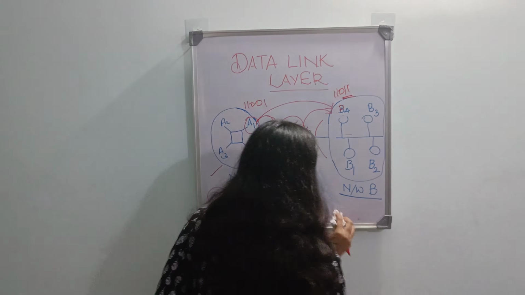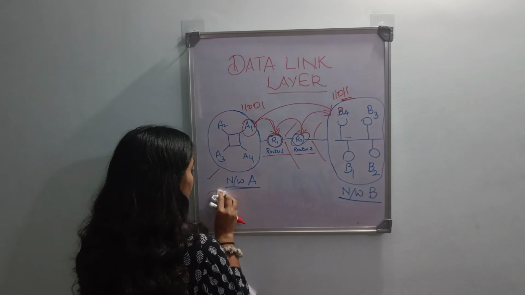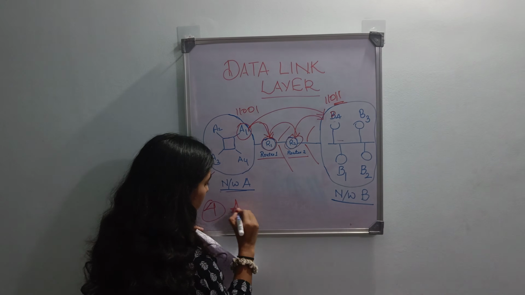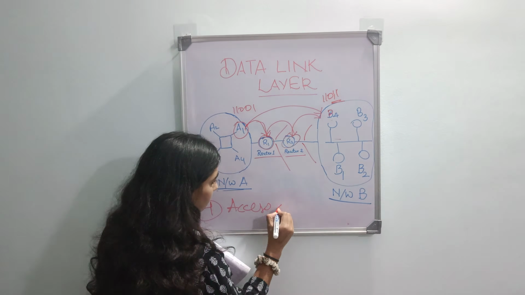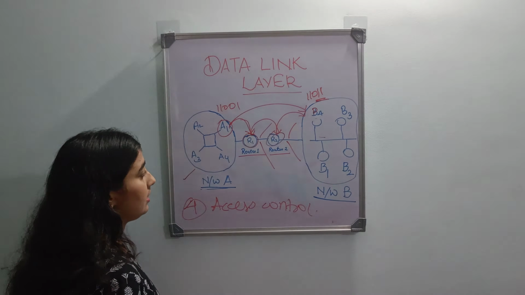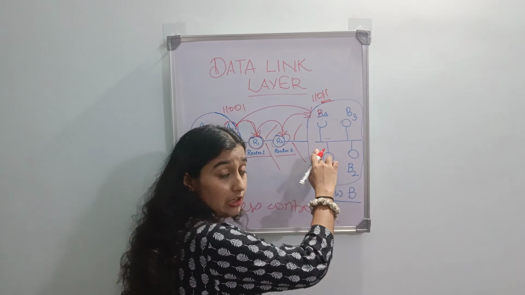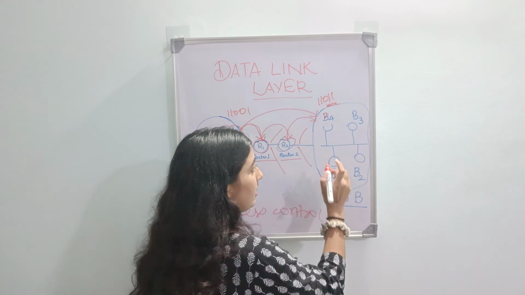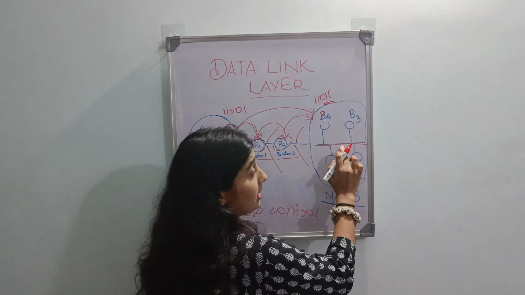Now the fourth one is access control. For example, here in network B, all the devices are connected through one medium, as you can see.